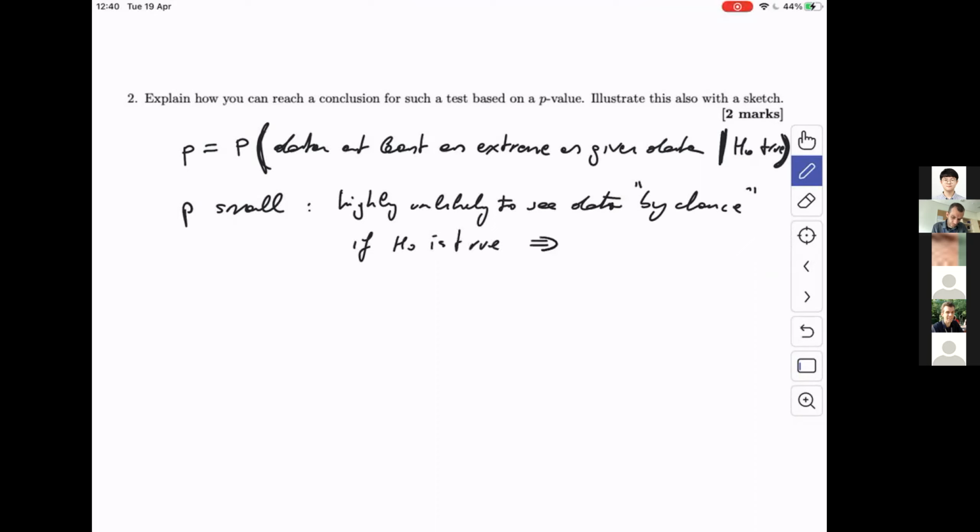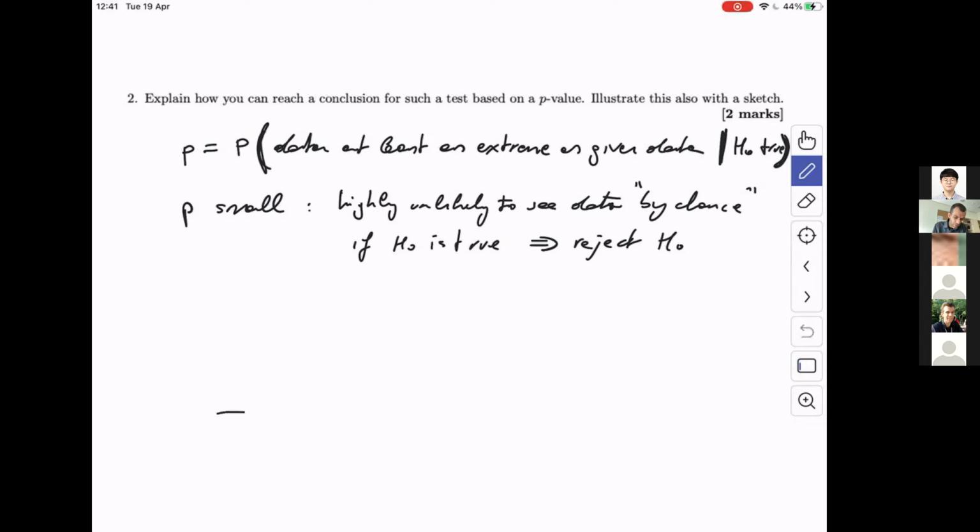So therefore, we reject the null hypothesis. And the converse, if p is larger, then it is somewhat likely or highly likely to see the data occur by chance, and therefore we do not reject the null hypothesis.